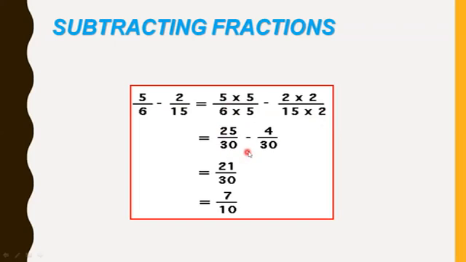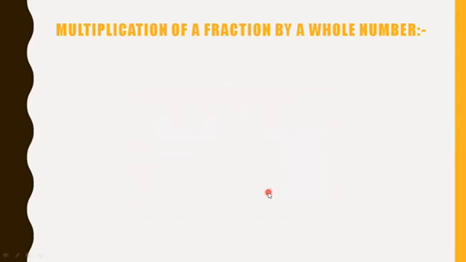So 25 by 30 minus 4 by 30 you will get. Now the denominators are equal. 25 minus 4 gives 21 by 30, which is 7 by 10. 3 7s are 21, 3 10s are 30. So this is the lowest form. In this way you will add or subtract fractions with different denominators.